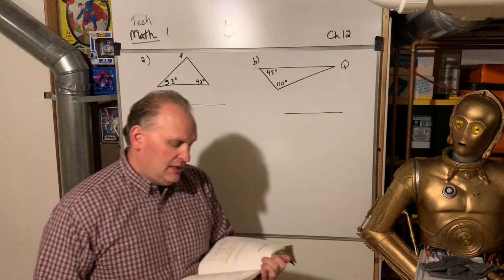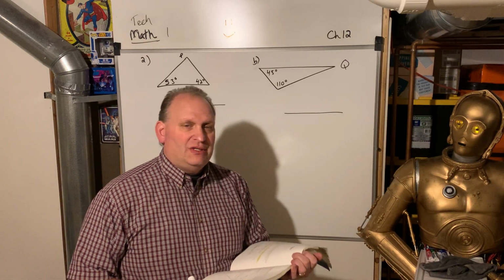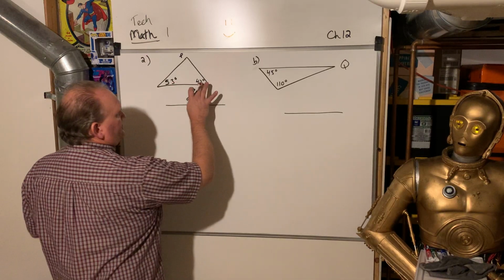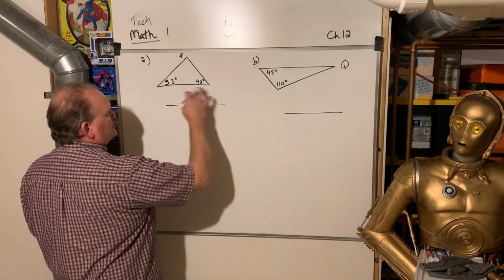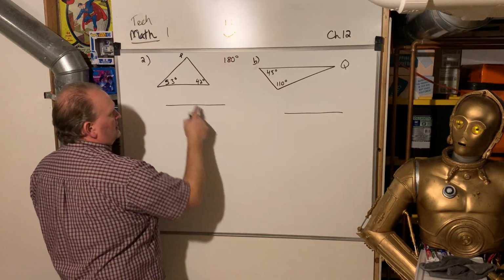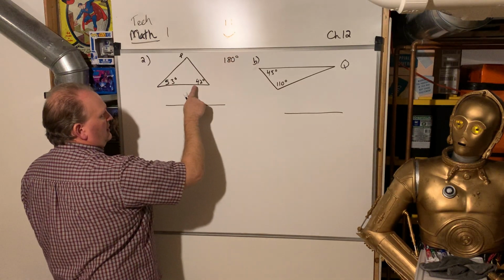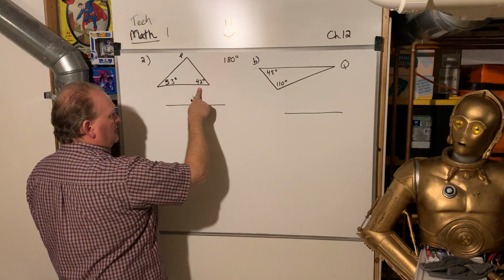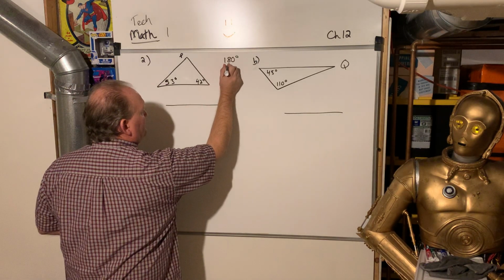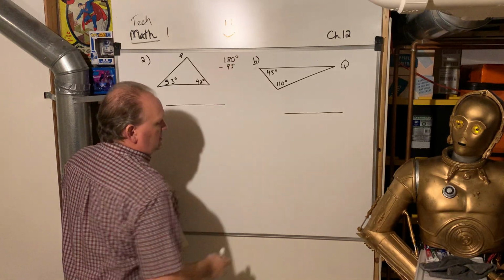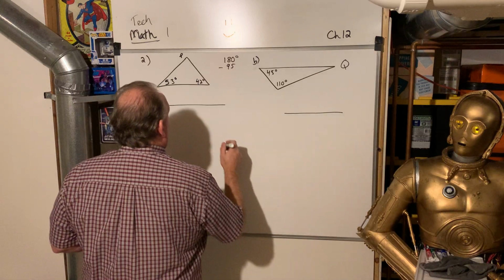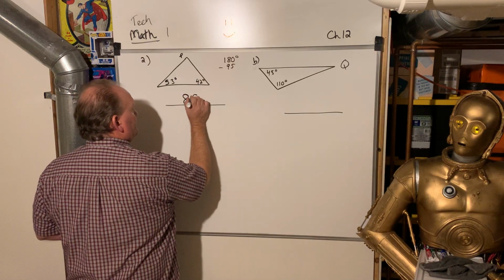So first, when you know two angles of a triangle, you actually know all three angles because they always have to add up to 180 degrees. If you have 53 here and 42 there, add those together, 95 total. Subtract that from 180 and you get 85 degrees.